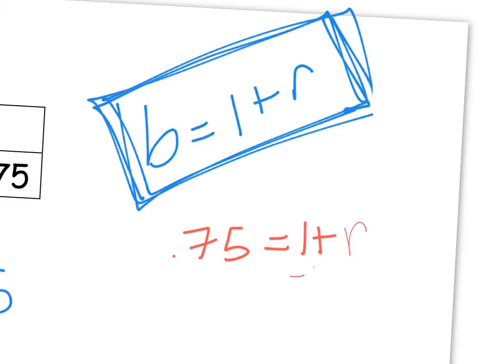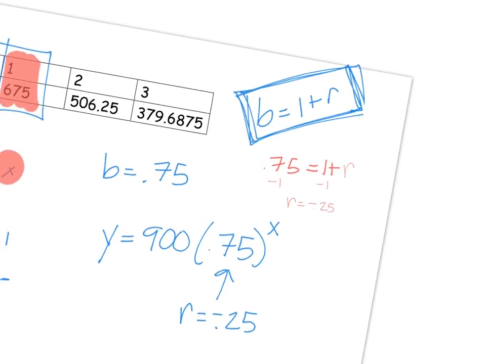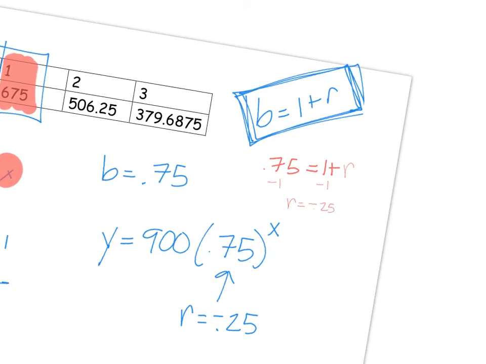So then I subtract 1. So my r equals 0.75 minus 1, which is negative 0.25. So it's the same thing. Okay? So both ways, if you understand that it's 0.25 less than 1, it's here. Otherwise, if you need to do your equation, it's up there.